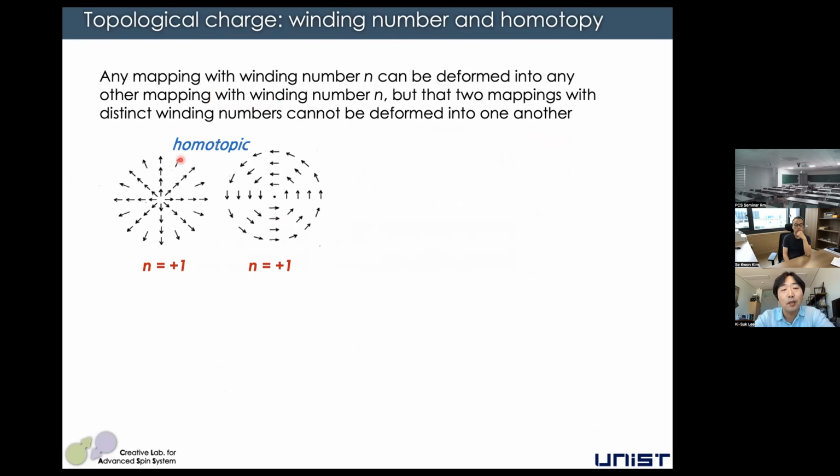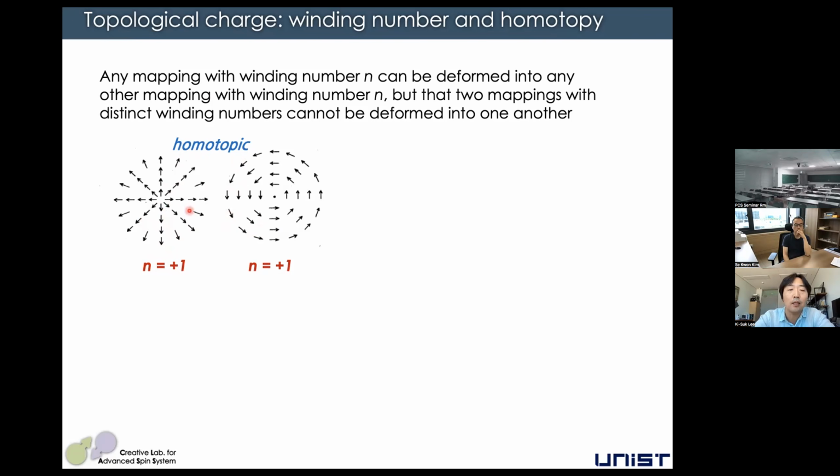So we call these two structures homotopic. Here, these are two spin configurations in the system. The first one has a winding number +1, the second also +1. So we can call these homotopic.